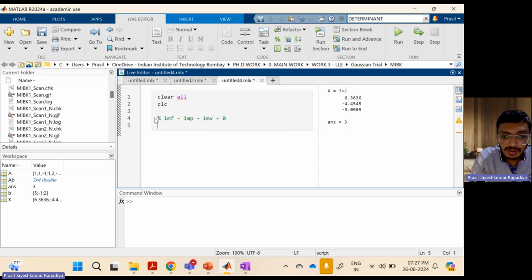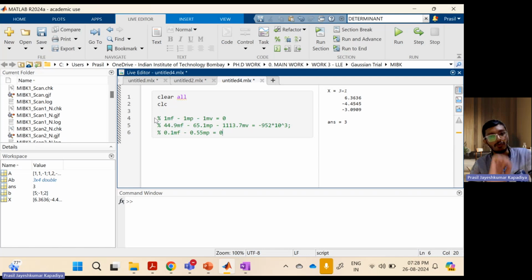My second equation is 44.9 mF minus 65.1 mP minus 1113.7 mV is equal to minus 952 into 10 raised to 3. And my third equation is 0.1 mF minus 0.55 mP is equal to 0. So we need to solve these three equations.